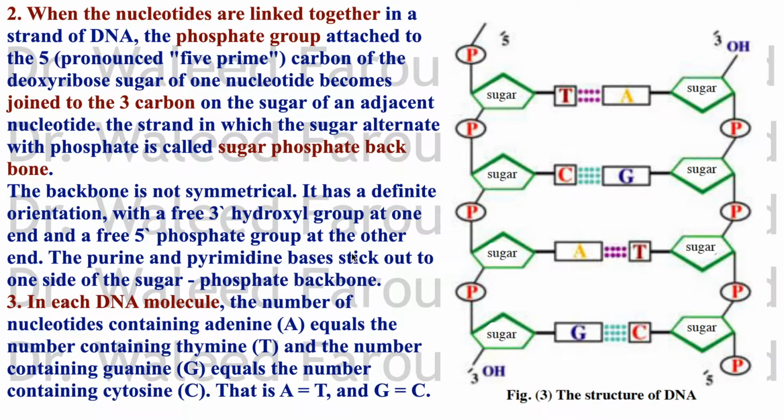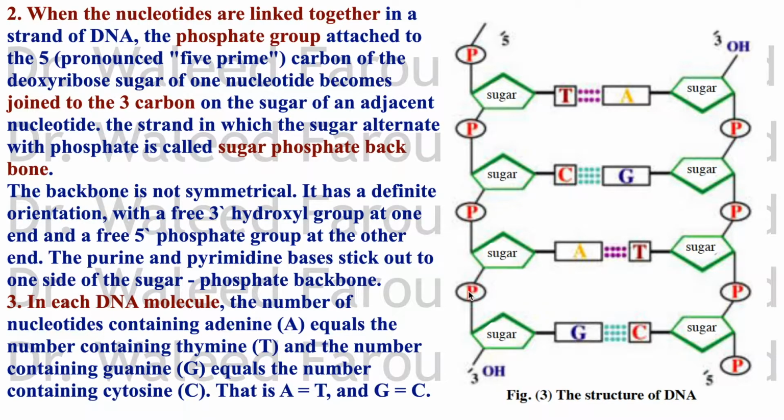When the nucleotides are linked together in a strand of DNA, the phosphate molecule attaches to the 5 carbon of the sugar of one side and to the 3 of the adjacent side to form the sugar phosphate backbone structure.